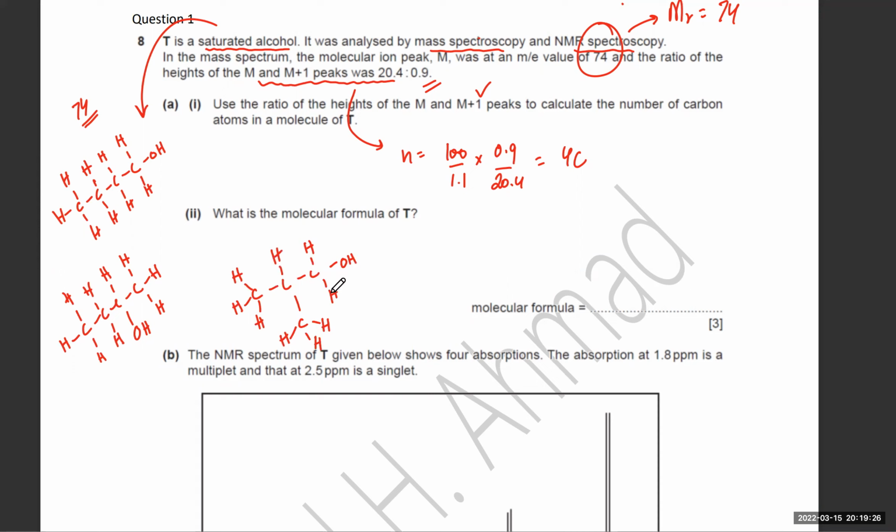They're all isomers of each other. Or I could have a 4 carbon atom saturated alcohol with the MR 74. There could be another one, which is going to be this one. So 3 H's with this, and you have 3 H's with that. Now those are the only 4 possible candidates. So based on this information that's given over here, you've got 4 possible.